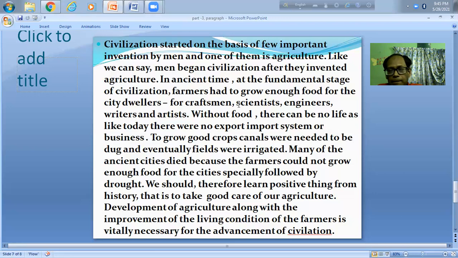The soil could not produce crops. So those cities were eventually destroyed. We should therefore learn positive things from history. That is to take good care of our agriculture.